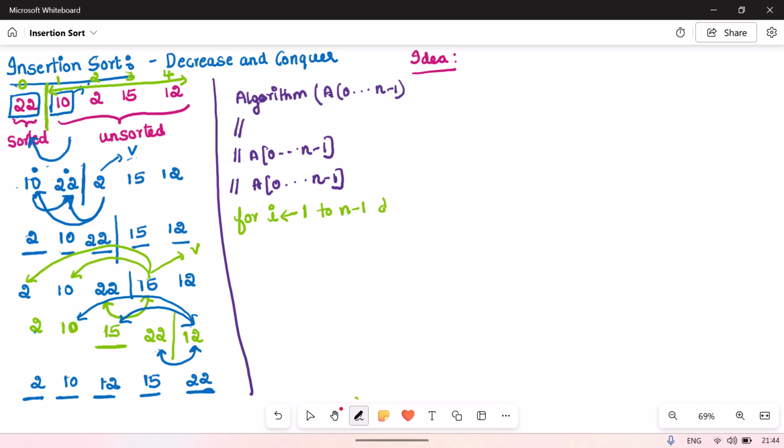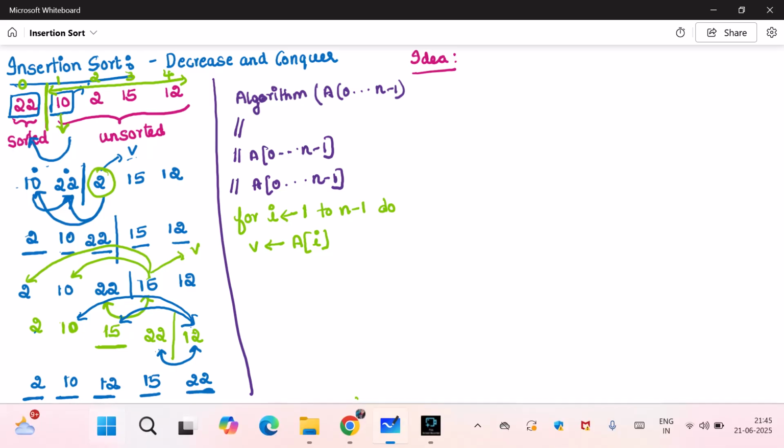Next, before I sort, whatever is the leftmost element in the unsorted list, I will store it in a temporary variable. So A of I, the first one, I am storing in a temporary variable called P.